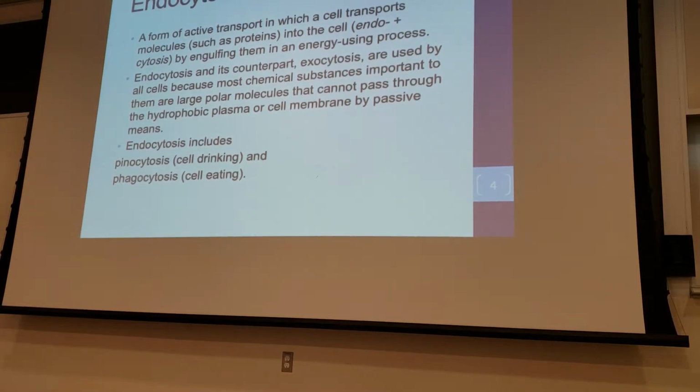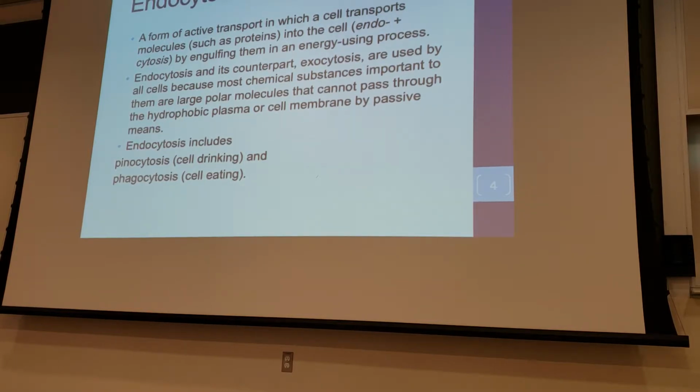Polar things that are small, we can maybe build a channel for that, like for ions. But as chemical substances get larger, like whole proteins or large carbohydrate things, those cannot pass through the plasma membrane. And so what we do is we just take a handful of that stuff that's outside of the cell and we take it in.